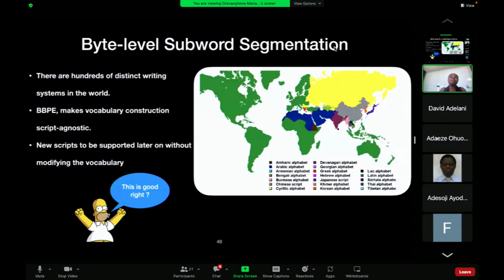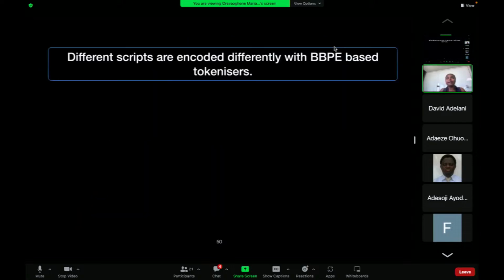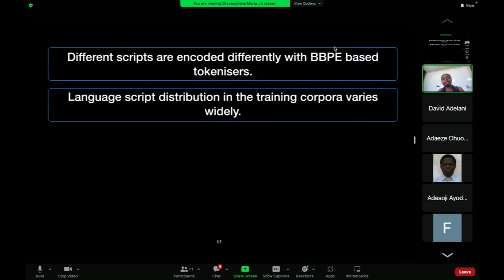There are more Latin script languages than any other scripts in the world, or even online on the web. So if we take these language models and look at the vocabulary of their tokenizers, it would mostly be dominated by Latin script words, characters, tokens, or subwords.